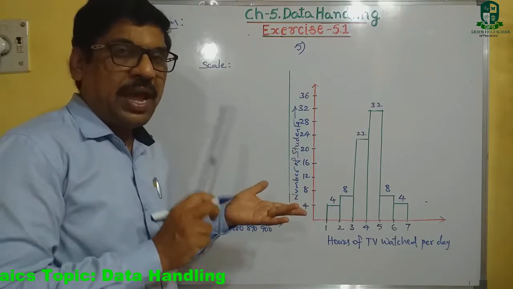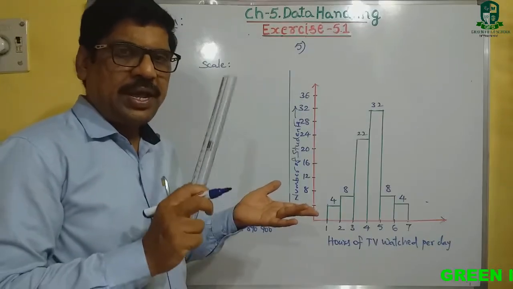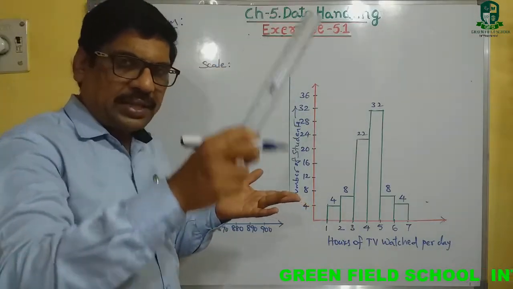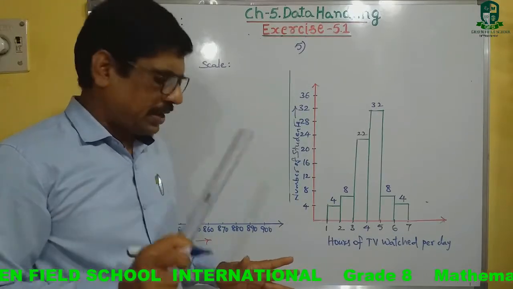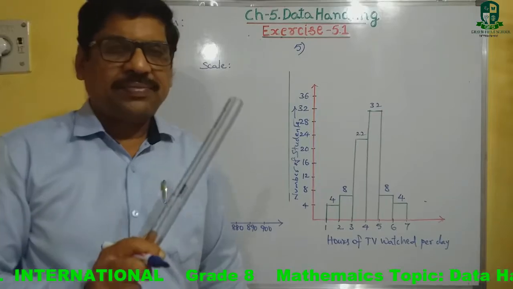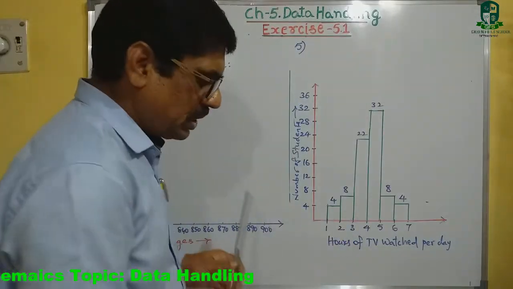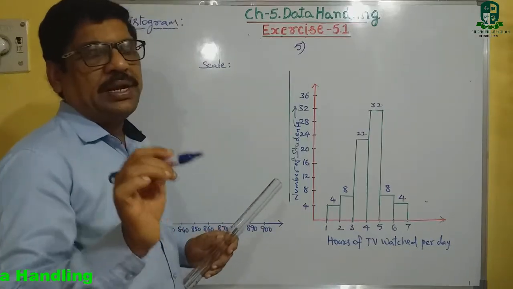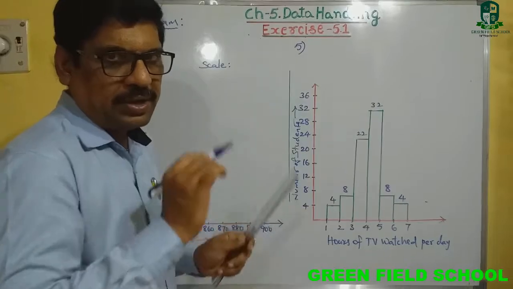The first class is 800 to 810. After that 810 to 820, 820 to 830. Like that there are 10 classes up to 890 to 900. For each class there is a frequency. For example, for the first class 800 to 810, the frequency is 3. Like that we have the table.